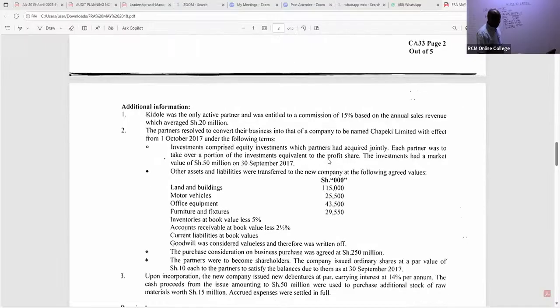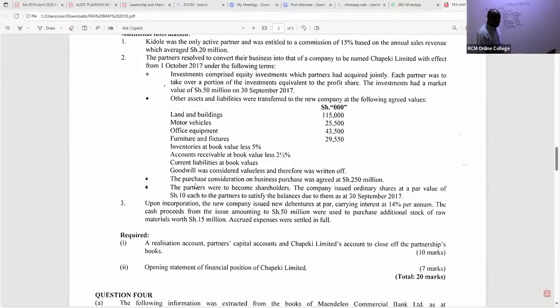We do. So, ladies and gentlemen, we did take some other things. So we have here receivable. Receivable is book value less 2.5%. So for receivable, I will take the book value that we have there, which is 25,400.